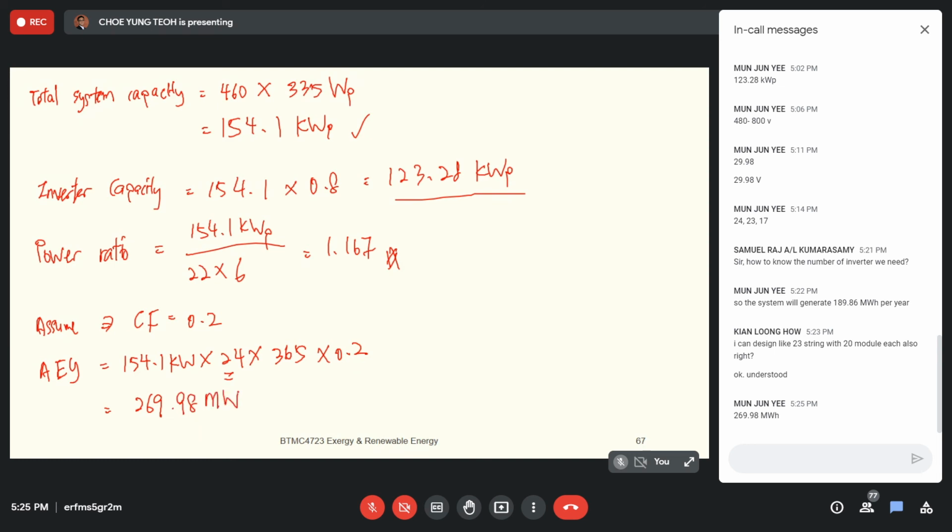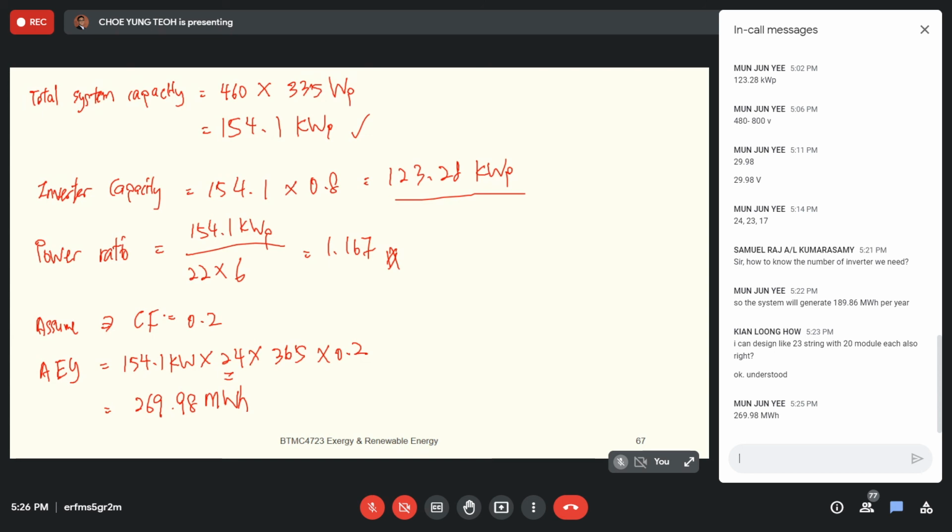I used the formula I showed you last time, where it's the area of the solar panel multiplied by the solar panel efficiency, multiplied by the annual solar irradiance, and then multiplied by the system loss. I found that the Malaysia annual solar irradiance is around 1,600.